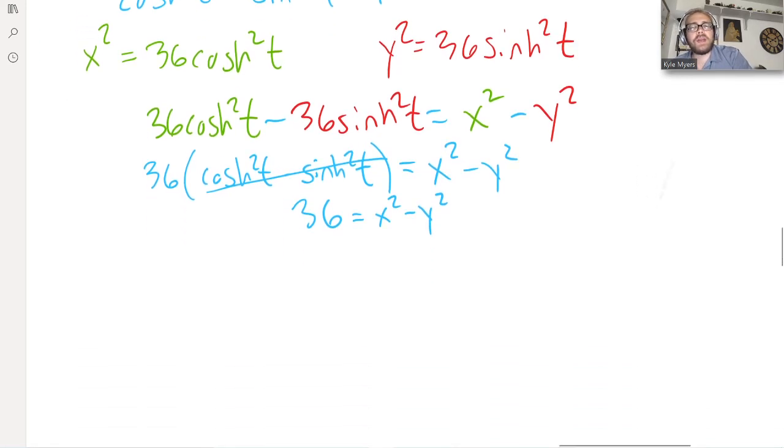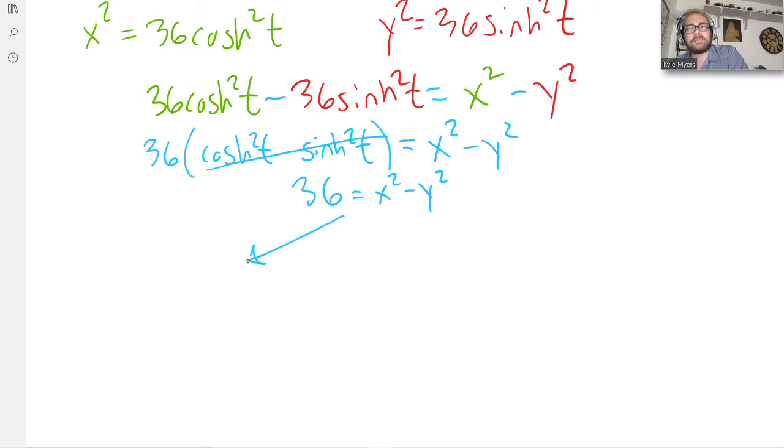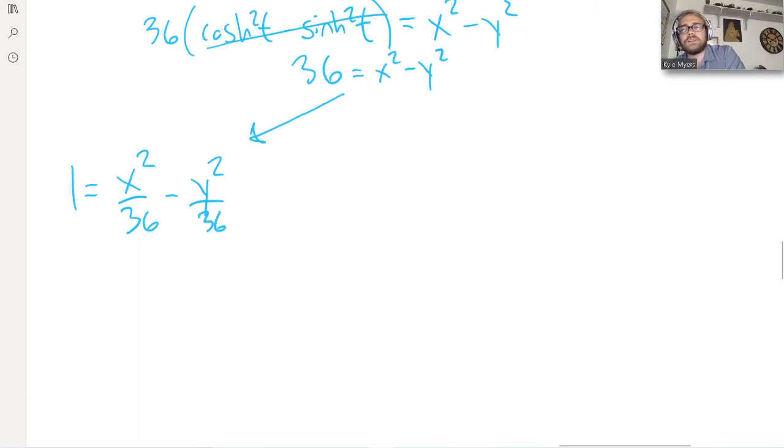But before I do that, I'm going to branch off to the side here and divide everything by 36. You can see this is a hyperbola equation. If I was to graph this, I would go 6 spaces in the x and the y direction, so it would be kind of a square as my guideline.